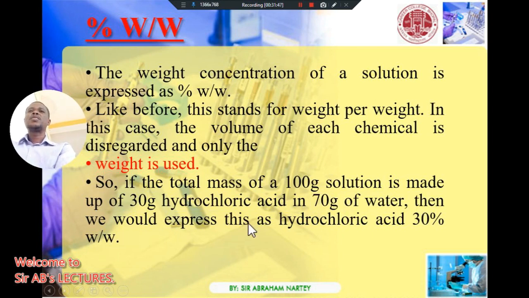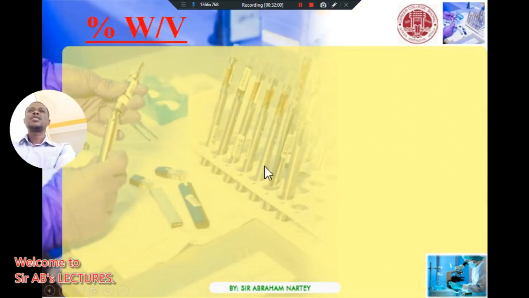Then we will express this as hydrochloric acid 30% weight per weight. In this case, we are not considering the volume, but we are considering only their weight.